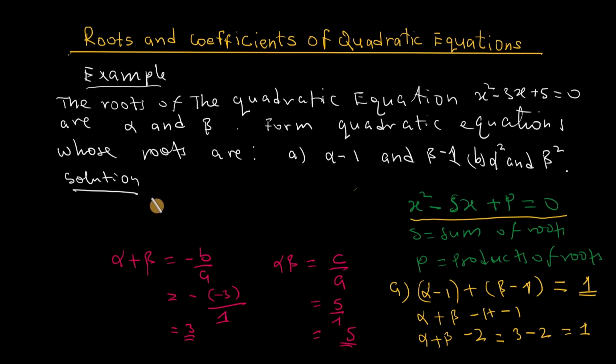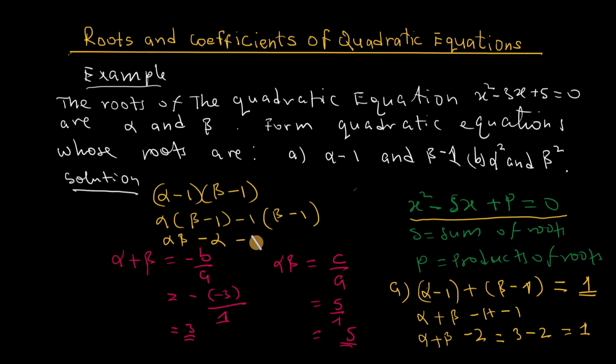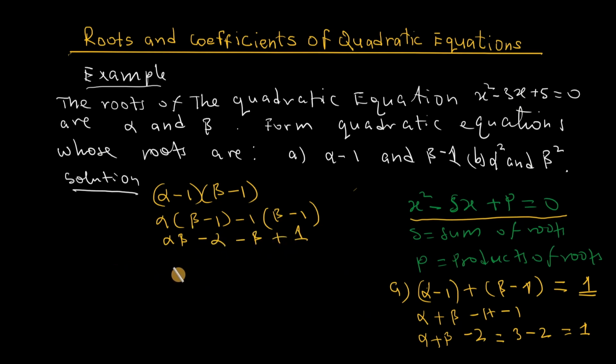So the product of roots is alpha minus 1 times beta minus 1, which is the same as alpha times beta minus 1, minus 1 times beta minus 1, which is the same as alpha beta minus alpha minus beta plus 1, which is the same as alpha beta minus alpha plus beta.